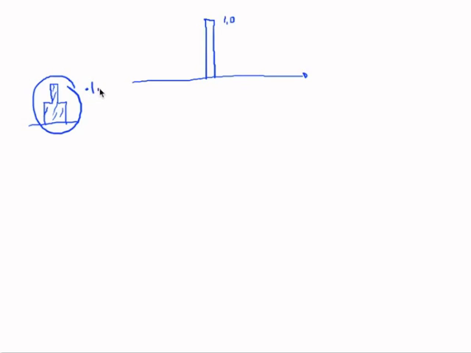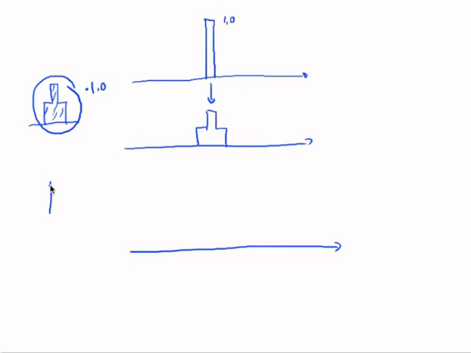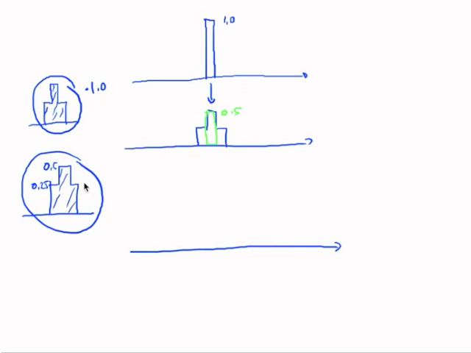Now to visualize the same thing using distributions, we started with a distribution like that, which was the unit pulse, and then we convolved it with a distribution like that, meaning we used that figure, multiplied it by 1.0, and put it here. And now in the second step, we did once more the same thing. We used that figure, but now for this value, since it's 0.5, we multiplied that figure by 0.5 and put it here.